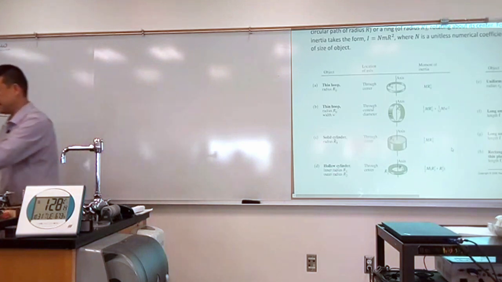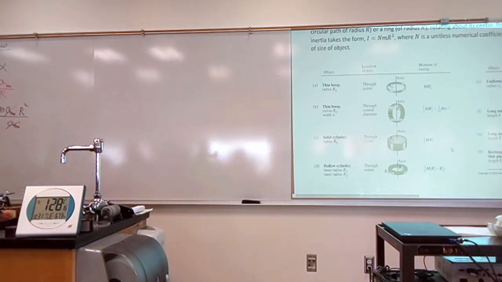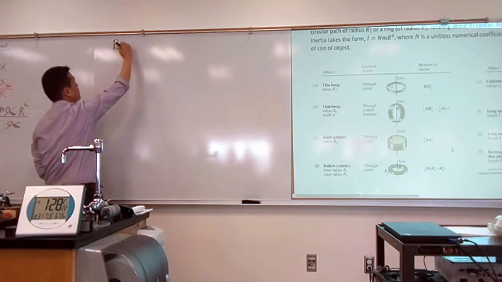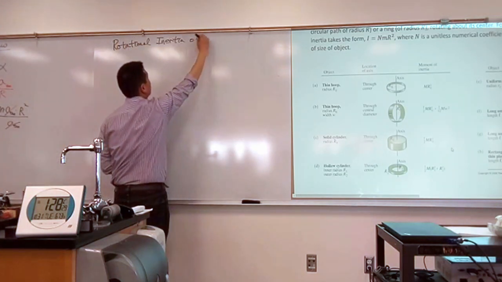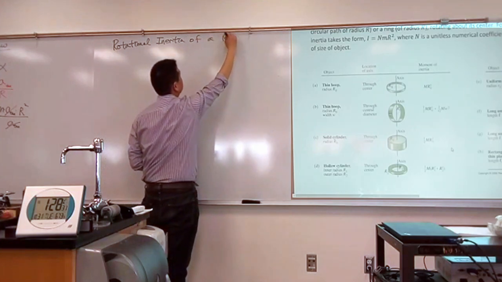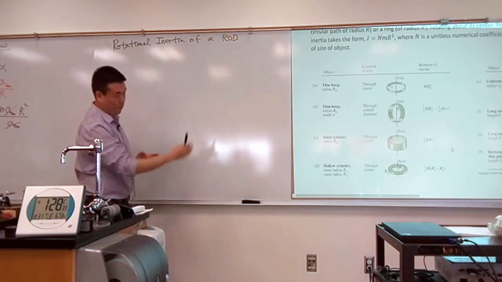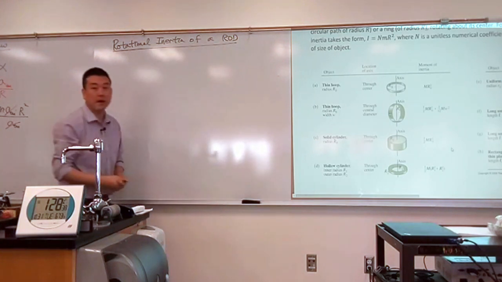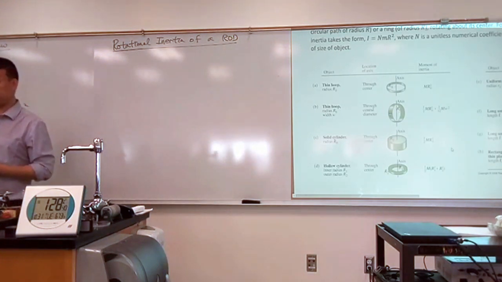If you don't have an answer, that's okay. Let me pose this question instead: the rotational inertia of a rod. I know you can just look it up on the other side of the column that's not being projected, but I want to show you how it can be derived.